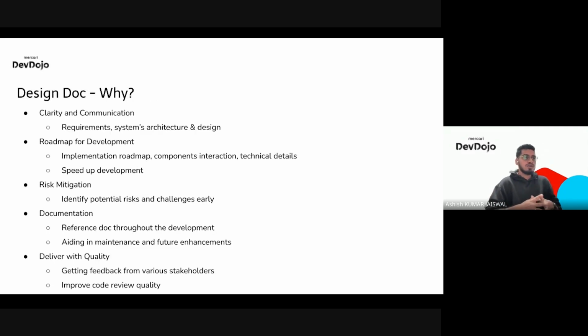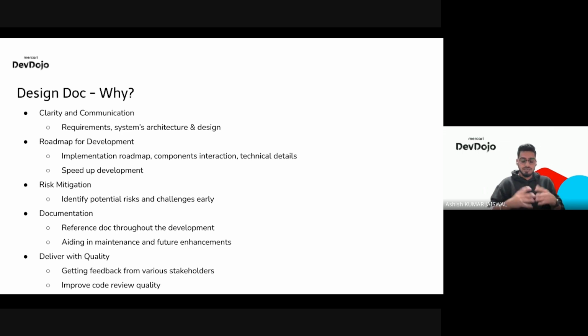Also, a design doc mentions the requirements. It makes sure that requirements are clear. Suppose there is a feature, and of course there will be some spec and design for it. When you write the design doc, you also make sure that all the requirements are pretty clear to you, and then based on that, you design your design doc. Then we also define the roadmap for development.